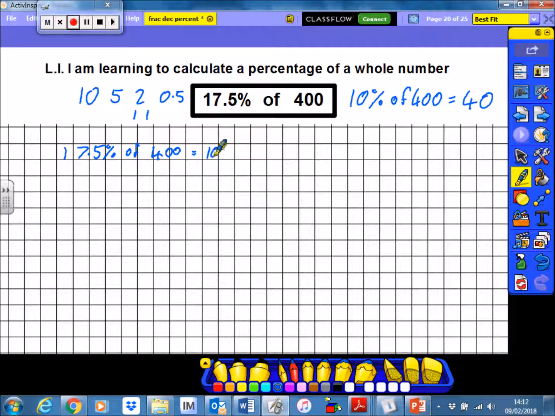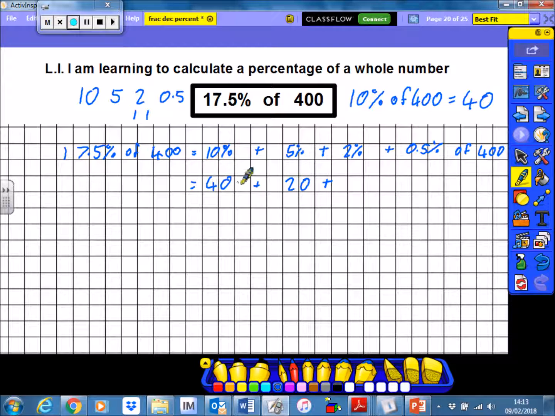So I'm going to work out 10% plus 5% plus 2% plus 0.5% of 400. So the 10% is done for me. It's 40. The 5%, I take the 10% and I half it. So I get 20.